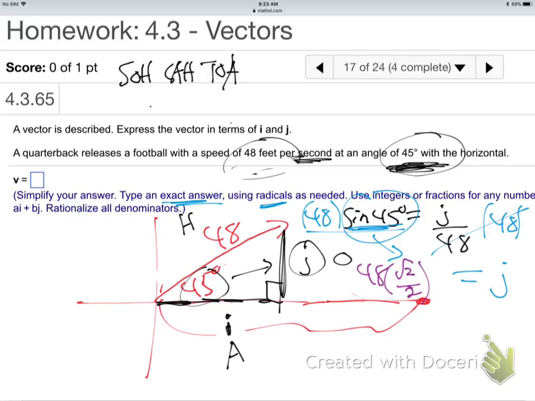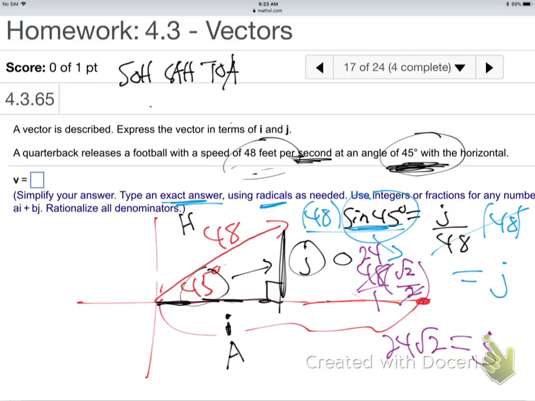How do you deal with that? What do you do when a whole number interacts with a fraction? Put it over 1. Cross cancel 2 into 48. 24 times root 2, so it's 24 root 2. That's our J component.